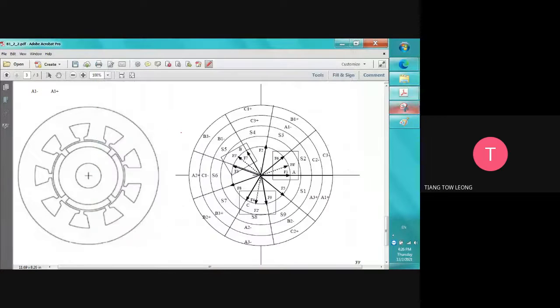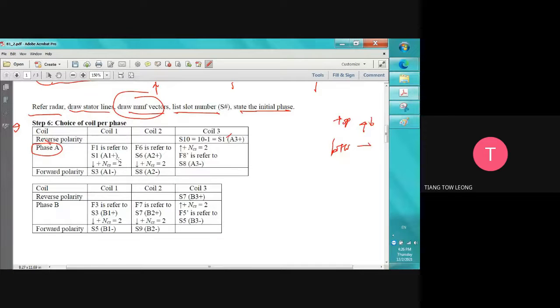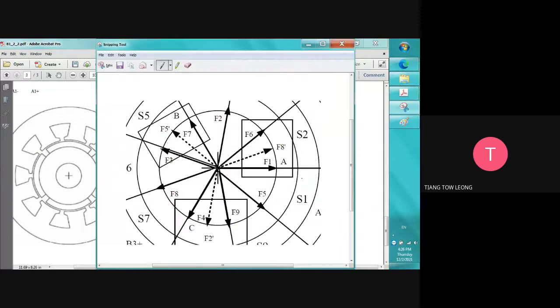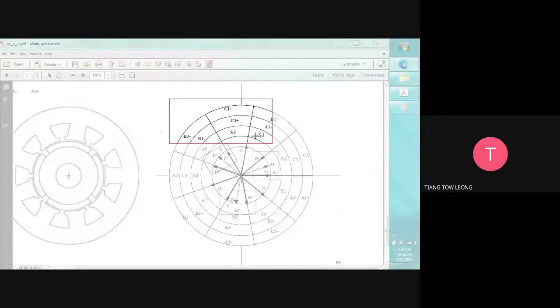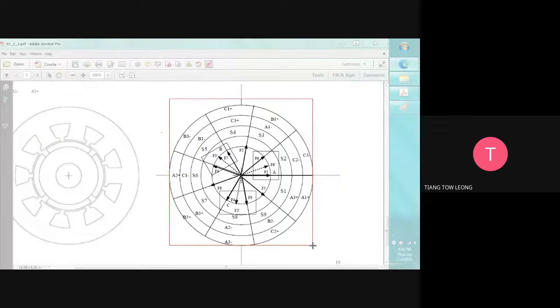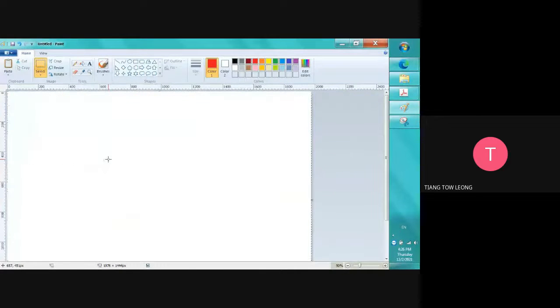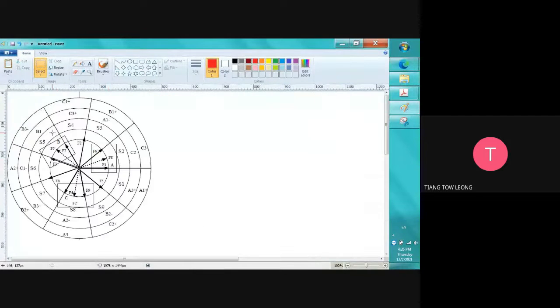Oh, this one. So the first one is A1 plus, to A1 minus is a 1, 3. So have a look here. Maybe I need to crop this better. Crop this. Okay, then I put here.